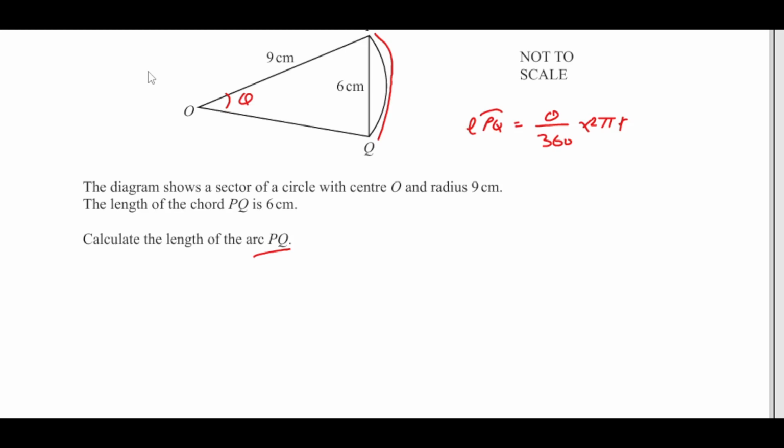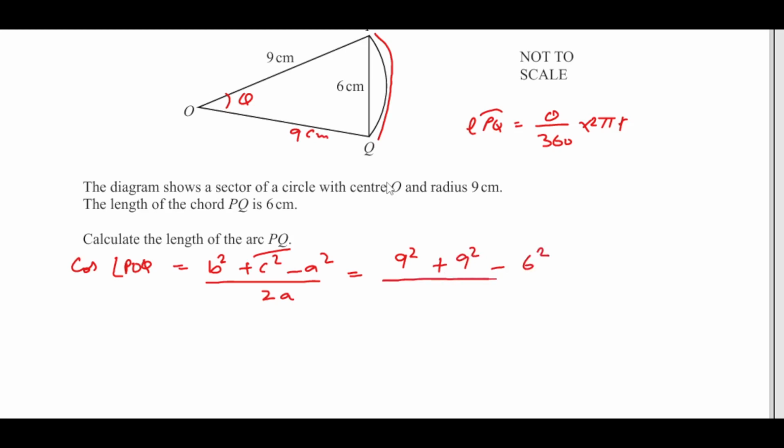As we have these sides, we can use the cosine formula to find the value of the angle. So cos of angle POQ, which is theta, is equal to (b squared plus c squared minus a squared) over 2bc. In this case we have 9 squared plus 9 squared, as the radius is 9 centimeters, minus 6 squared, over 2 times 9 times 9.